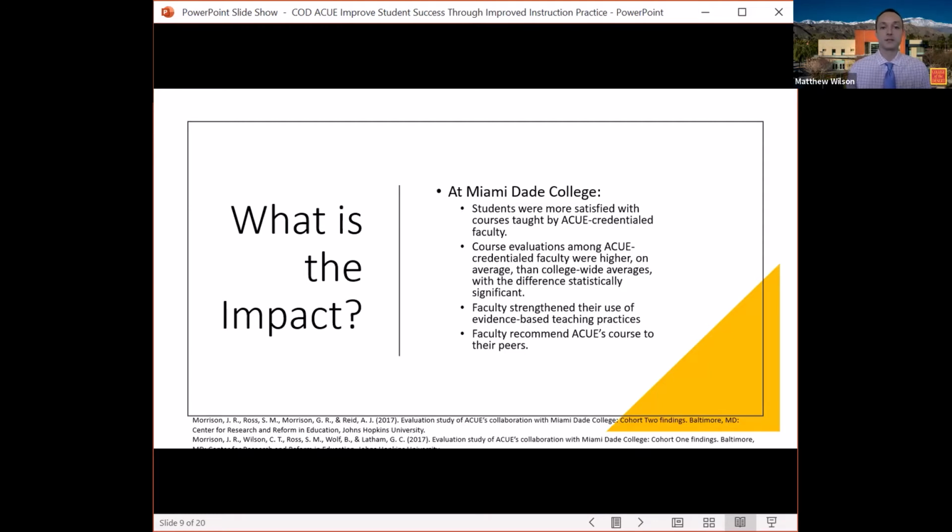Not only that, but the faculty also improved their own ability and their confidence to use these techniques. And actually 100% of the faculty recommended the ACUE course to their peers. So not only do the students succeed, the faculty are seeing the value as well and want more of their peers to participate and engage in this program.